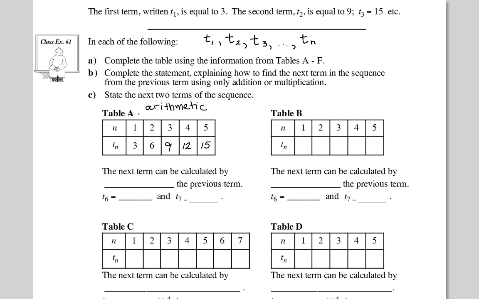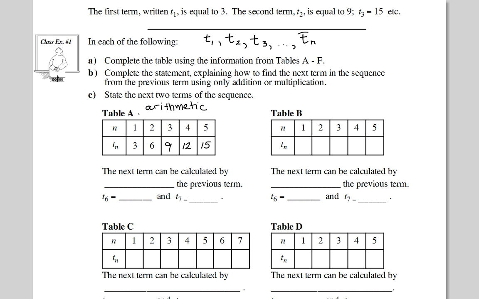All right. So for the first term, T1, in our sequence, T1 is 3 because n is 1. And T2 is 6 because n is 2. And that's the relationship there. And we denote that by Tn.